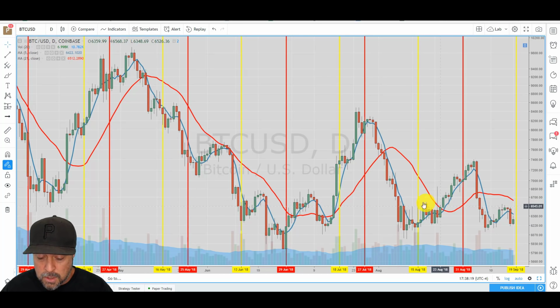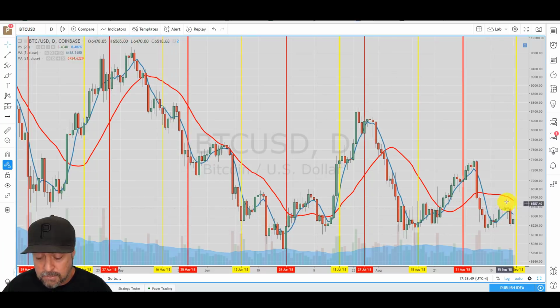Always after expiration you see some positive price movement to the upside with a high degree of probability. So when you're looking at these expiration dates, you want to know what the personality is going into them. Personalities can change, but you want to be cognizant that the tendency is to drop into the expiration, and then either the day after or up to 48 hours after, you start to see a move up.